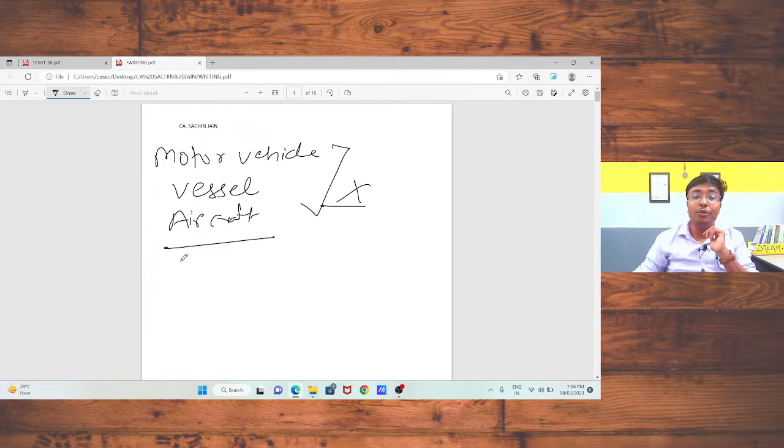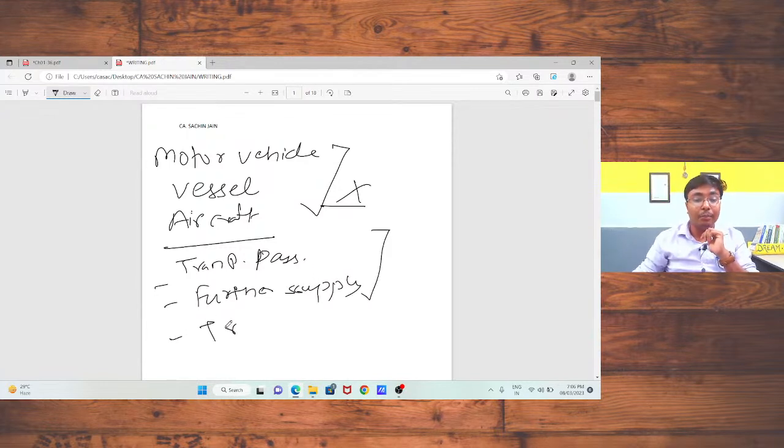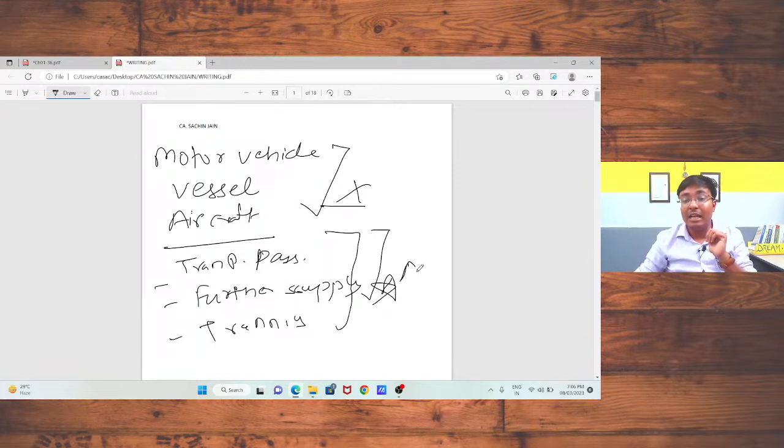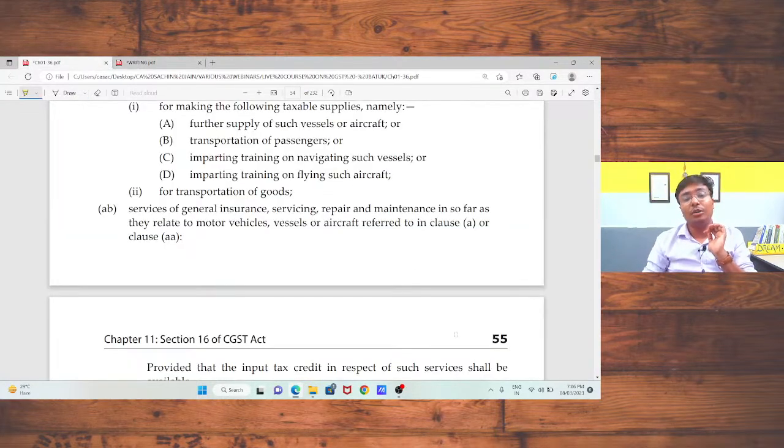But if you are going to use that for transportation of passengers, or for further supply, or for training purposes, in that case input is allowed. That is the concept. Normally insurance, repair, maintenance is not allowed, but if you are using for these specified purposes, in that case you are eligible to claim input on repair, maintenance and general insurance.